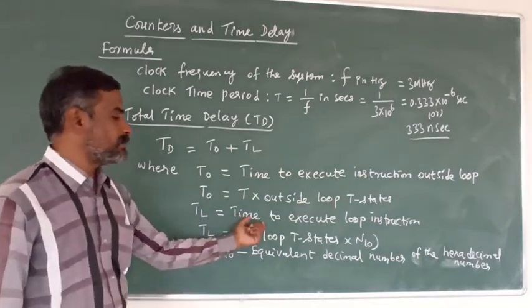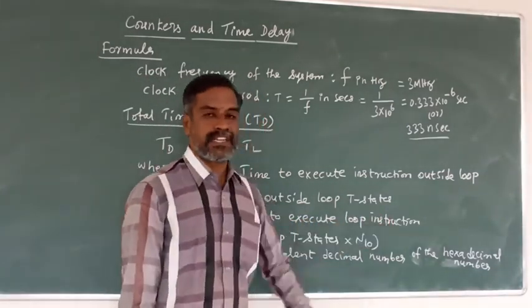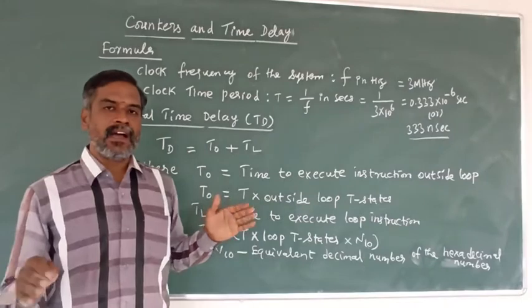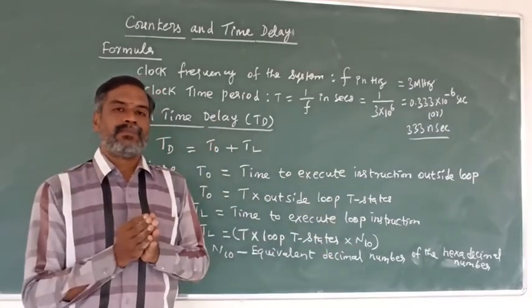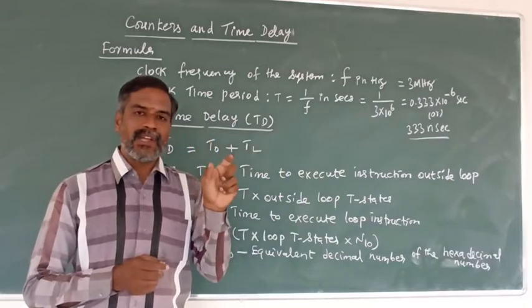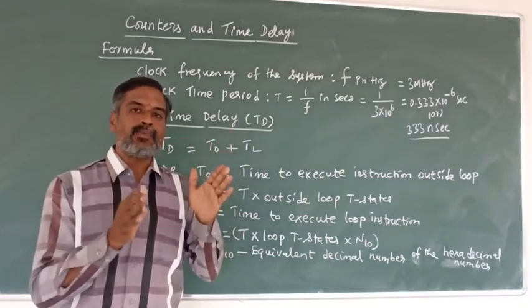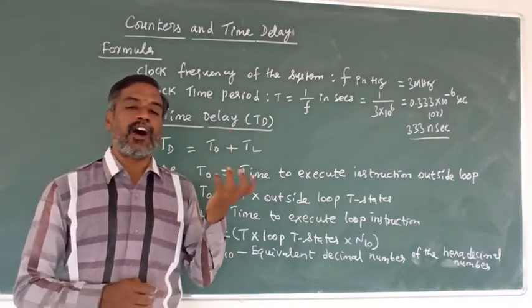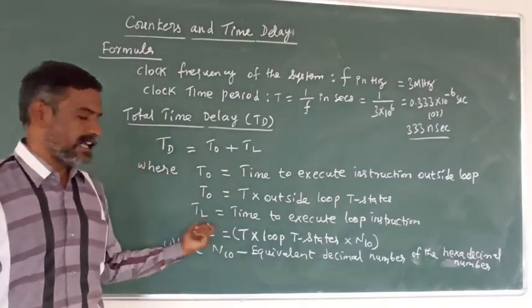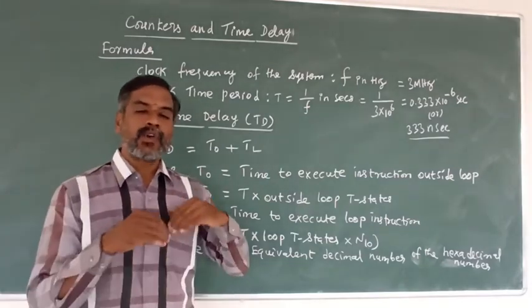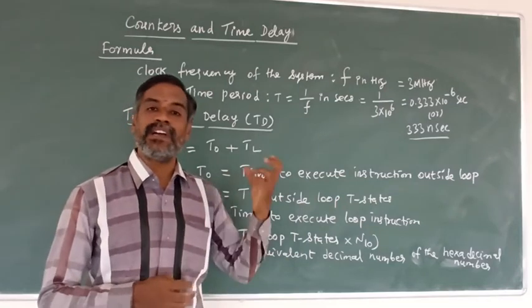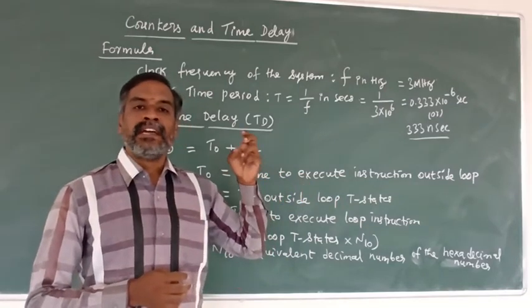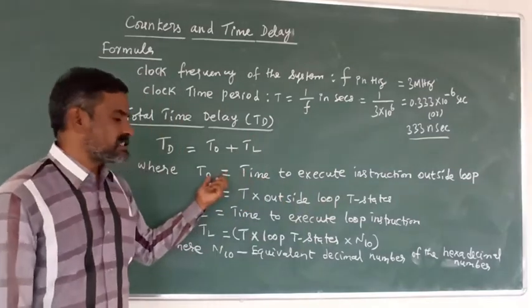TL is the time to execute the loop. First we have to divide the program into outside the loop and inside the loop. First, calculate how much time the inside of the loop instructions take. That is TL. Next, calculate how much time the outside of the loop takes to execute. That is TO.